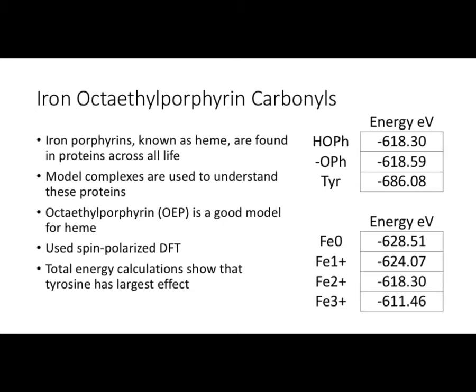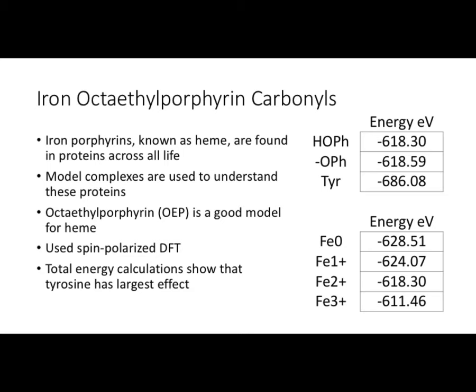One of these that is used quite ubiquitously is octaethyl porphyrin, which is a tetrapyrrole ring with ethyl groups occupying all of the pyrrole positions. And it's a pretty good model for heme because the electronics are very similar to heme B, which is the typical heme that is found in these proteins.